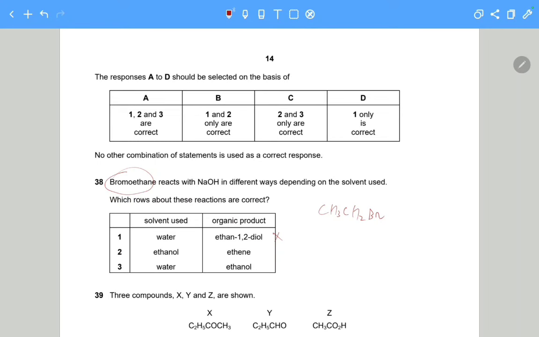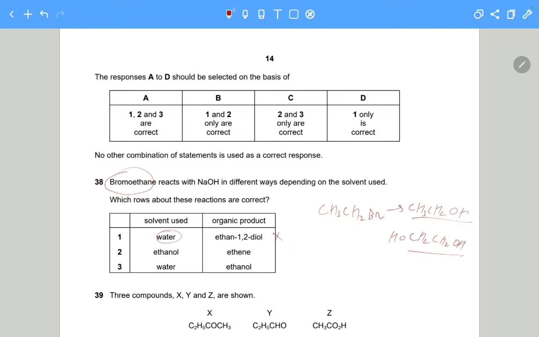So we'll only get a single substitution. Remember, water is when nucleophilic substitution occurs, and this will give CH3CH2OH, not HOCH2CH2OH. So it will only give us ethanol and not ethane 1,2-diol.